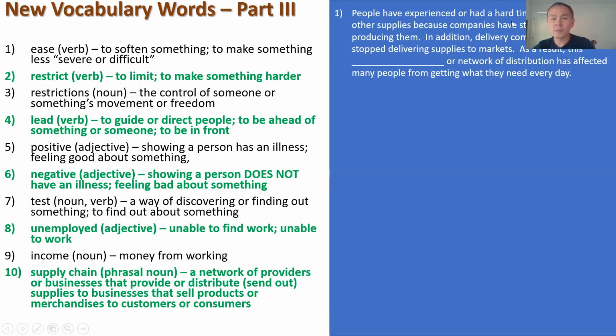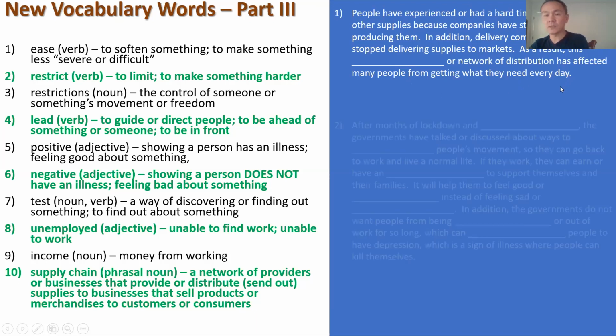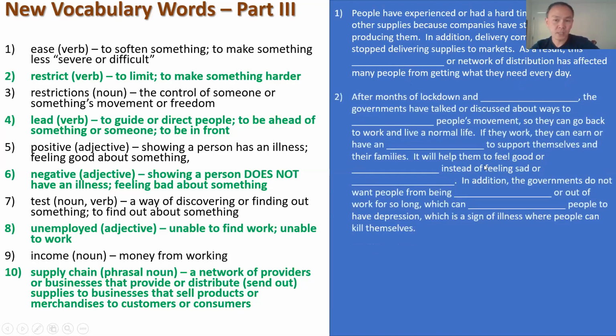Them means the food, okay? In addition, delivery companies also have stopped delivering supplies to markets. As a result, this blank or network of distribution has affected many people from getting what they need every day. Okay, remember the key word here is network of distribution.